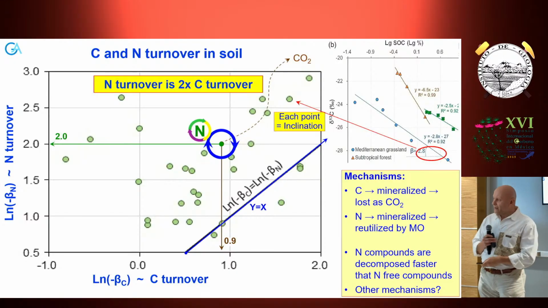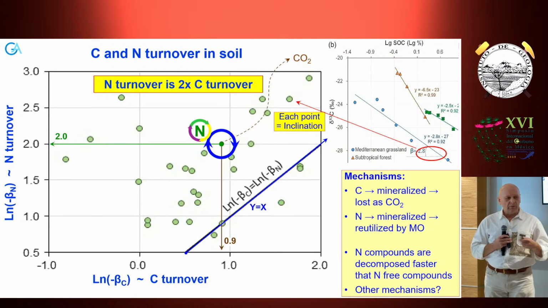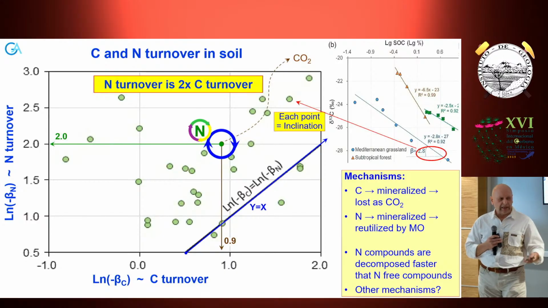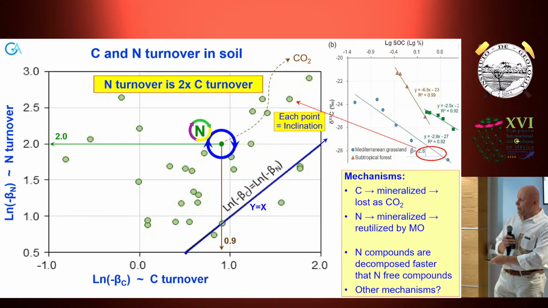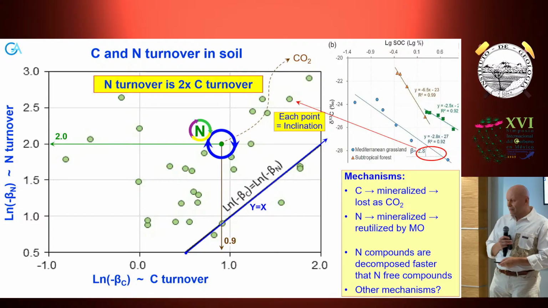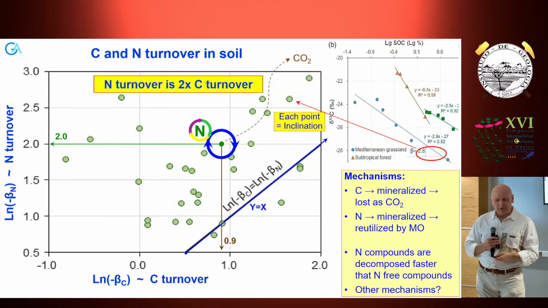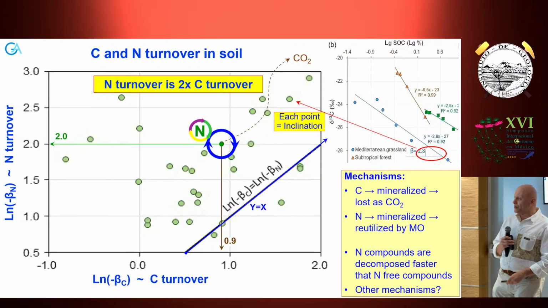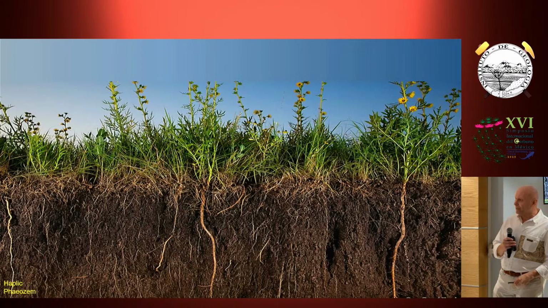But the second reason is probably that the nitrogen compounds will be decomposed faster. For example, proteins, amino acids, DNA, RNA will be decomposed faster compared to organic compounds which do not have nitrogen. Maybe there are some other mechanisms, and maybe some of you can also suggest some other mechanism why nitrogen will be utilized in soil much faster than the carbon.